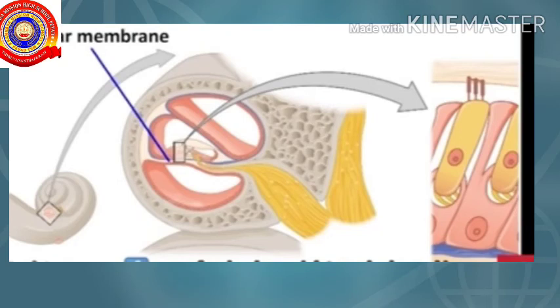In the structure of the eye, we learned that there is a receptor called photoreceptor. Here in the ear, we can see auditory receptor between the middle chamber and lower chamber. This basilar membrane and sensory hair cells constitute the organ of Corti.